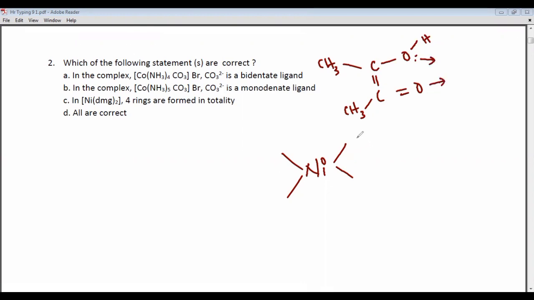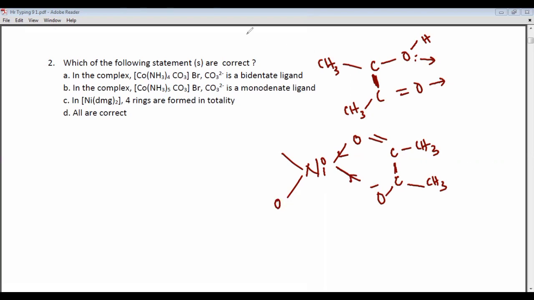So consider the coordinate bond formed by this. This is actually a single bond, okay? Like that. The next one is something like this.